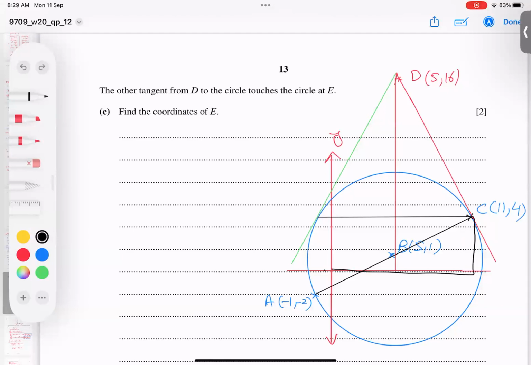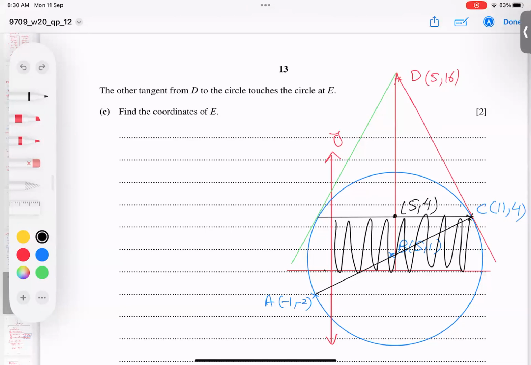So this is 11, 4, this 10, 4, this 9, 4, and this is 5, 4. So this point I take as 5, 4, and one thing's clear, the y value is 4. But the x coordinate I don't know, so I give it a name k, just for the sake of understanding.